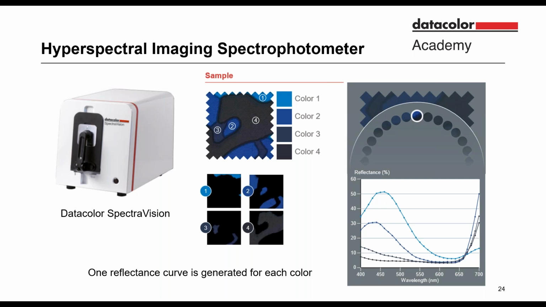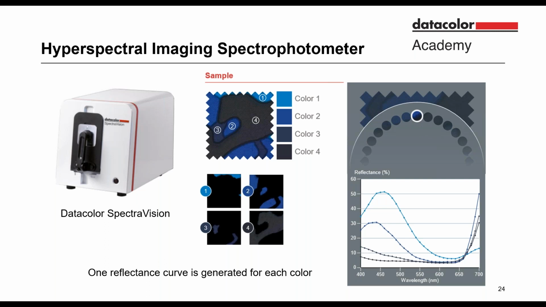And what happens is the instrument will take not one measurement, but 31 measurements. Basically, it's 31 pictures of the material. And that's what we're illustrating in the image on the right. There would be 31 images taken at different wavelengths from 400 to 700 nanometers.